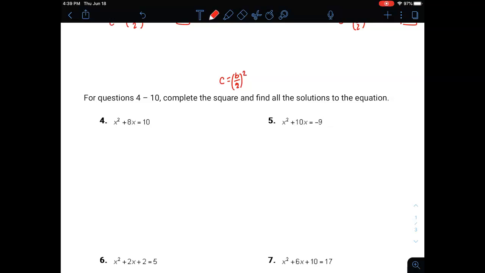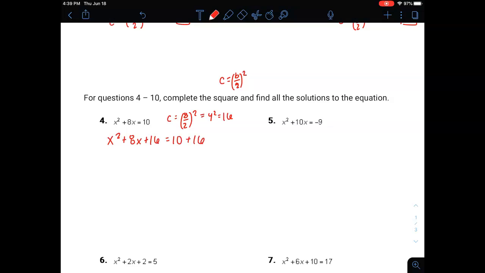So let's pick a couple of these. First off, let's do number 4. We just figured out that if I have 8, and maybe I'll take this a little bit slower here, for c, it's 8 divided by 2 and then square. So 4 squared, which is 16. I need to add 16 to both sides, equals 10 plus 16.